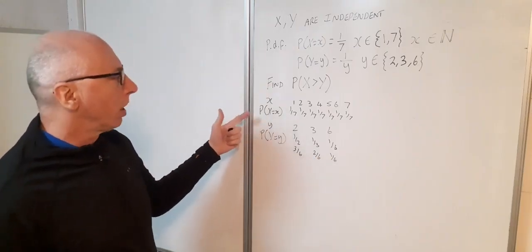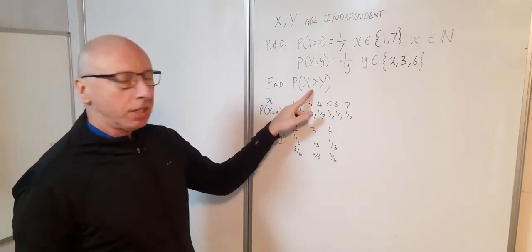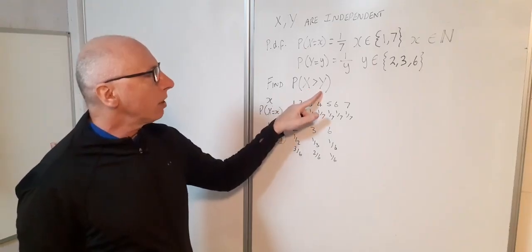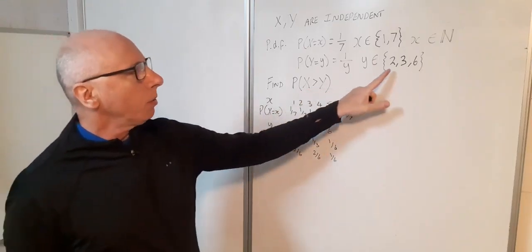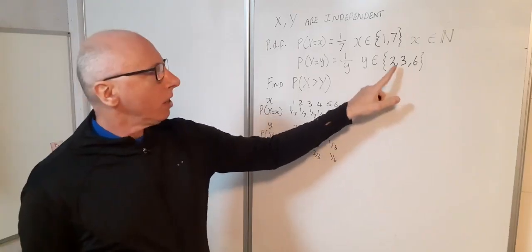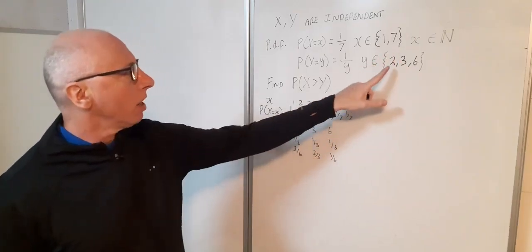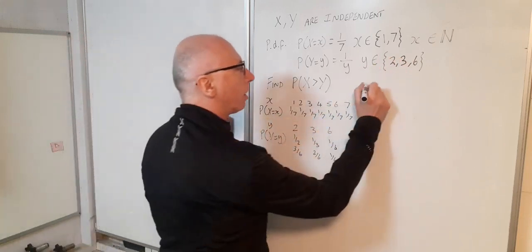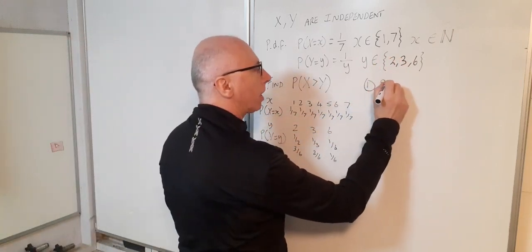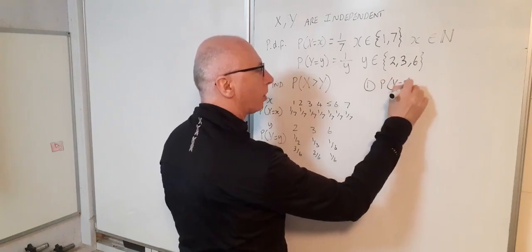So that's all good. But now we want to find out the answer to this question. Probability x is greater than y. So we've got 3 cases of y. So let's work out what happens with their comparison with x. Let's work out the first case. So case 1, probability y equals 2.